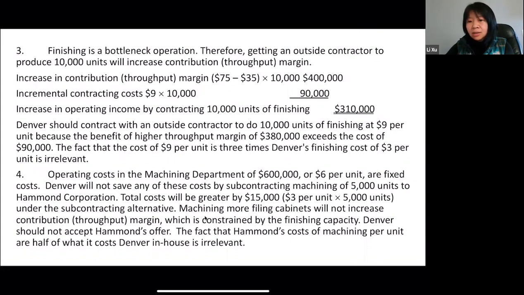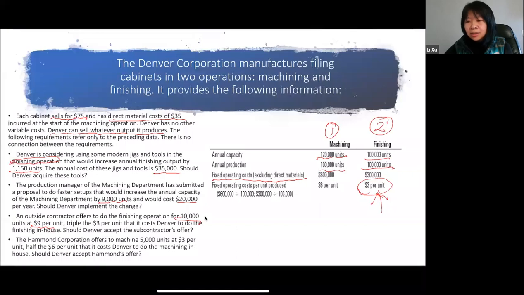All right. So let's take a look at the last question we have here. The last action is that another company offered to machine 5,000 units at $3 per unit. Half the $6 per unit it's going to cost to do the machining in-house.